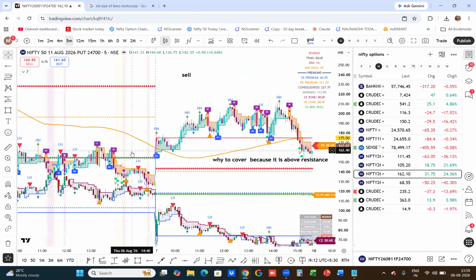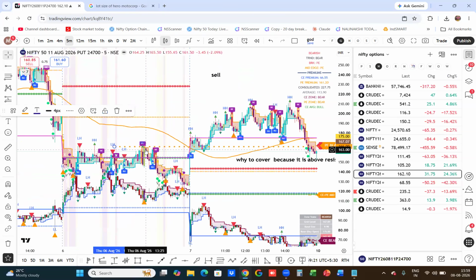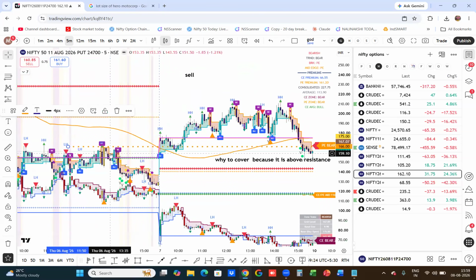Above the R3, and it is also above the previous high of the put premium. The previous day high was 165 and it retraces back and starts moving. For an option buyer, this is where he gets the money in buying because he needs only little money. If you would have bought here, this put option has given you 211.